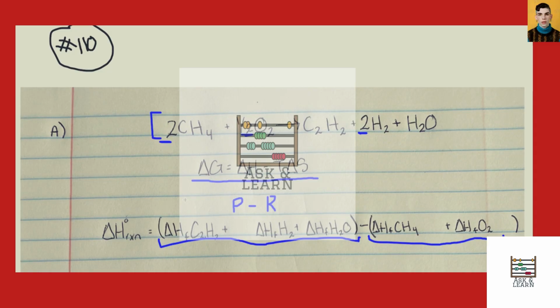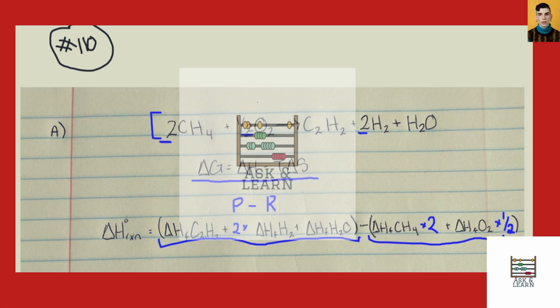So we are going to put a 2 here, so 2 times the delta H of formation of H2. And then we're going to have a 2 here times 2 and times 1/2. Great. So you can find the delta H of formations most likely in the appendix of your textbook. You can also Google them.